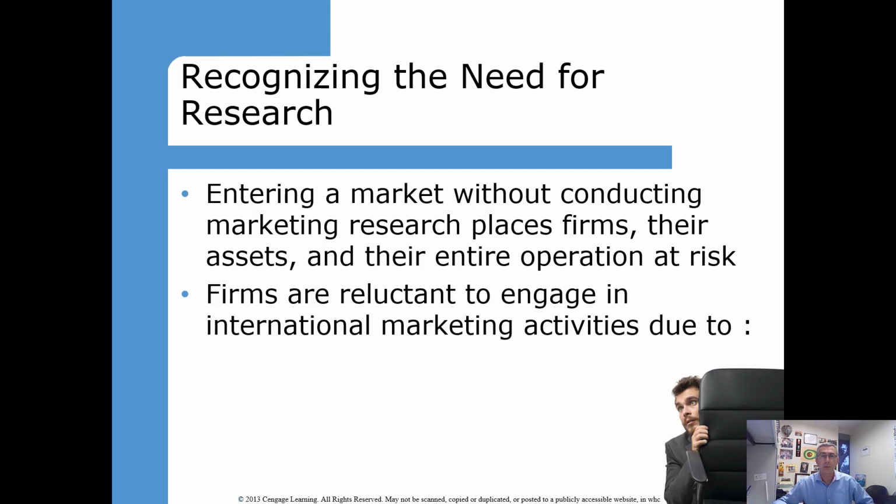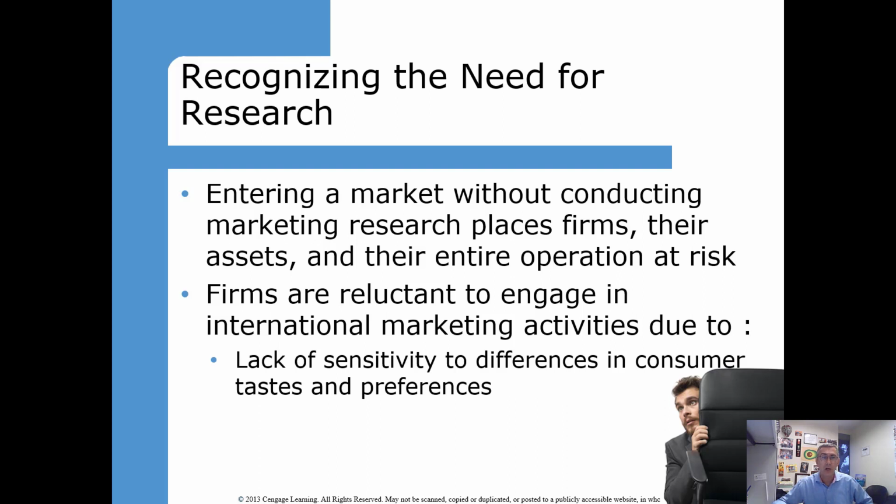Firms are reluctant to engage in international marketing activities due to lack of sensitivity to differences in consumer tastes and preferences. Again, I see this as a little bit of ethnocentricity, right? Ethnocentric behavior, where my way is the best way, and if it's good enough for me, it's good enough for you.